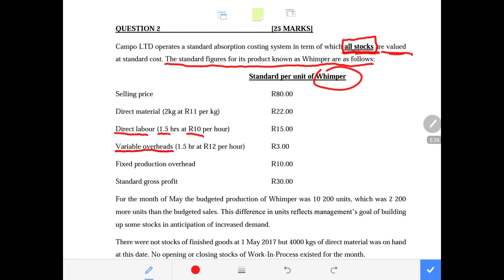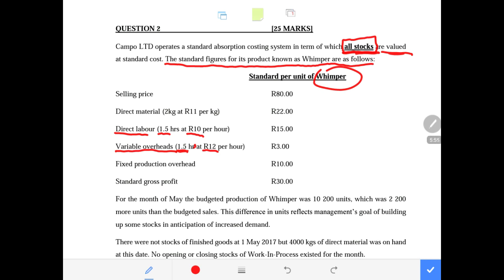Our variable overheads is 1.5 hours at 12 rand per hour, and that will give us 3 rand. I think there should be some correction with regard to that.